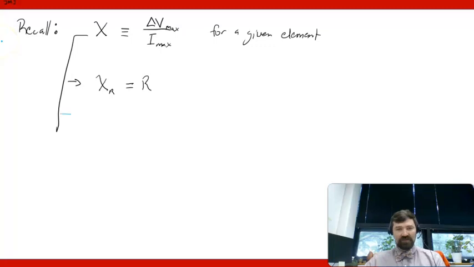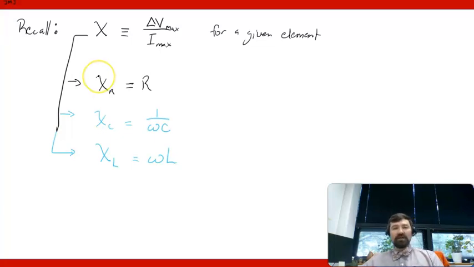For the capacitor, it's an inverse relationship with the capacitance. It's the angular frequency times the capacitance, reciprocaled. And for an inductor, it is the angular frequency times the inductance, where we have defined omega to be the angular frequency of the AC signal.